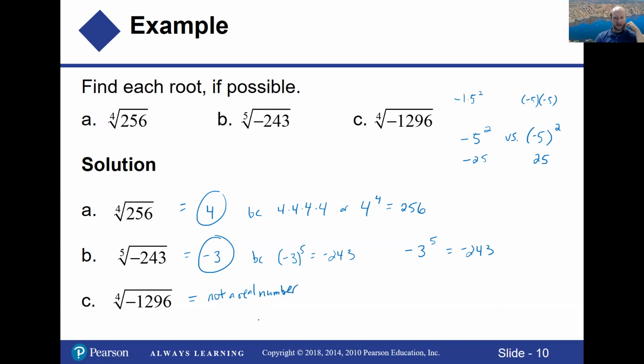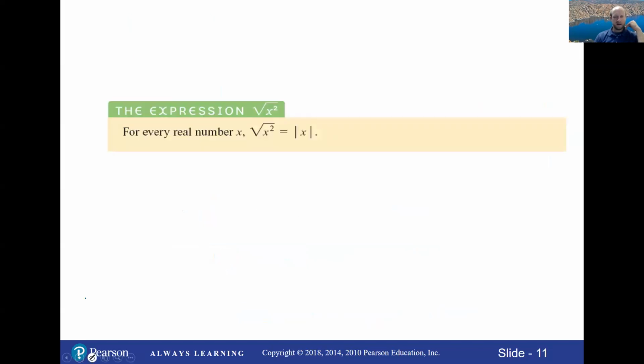And that's again because we have an even root of a negative radicand, which is not real. Okay. All right, let's move on.